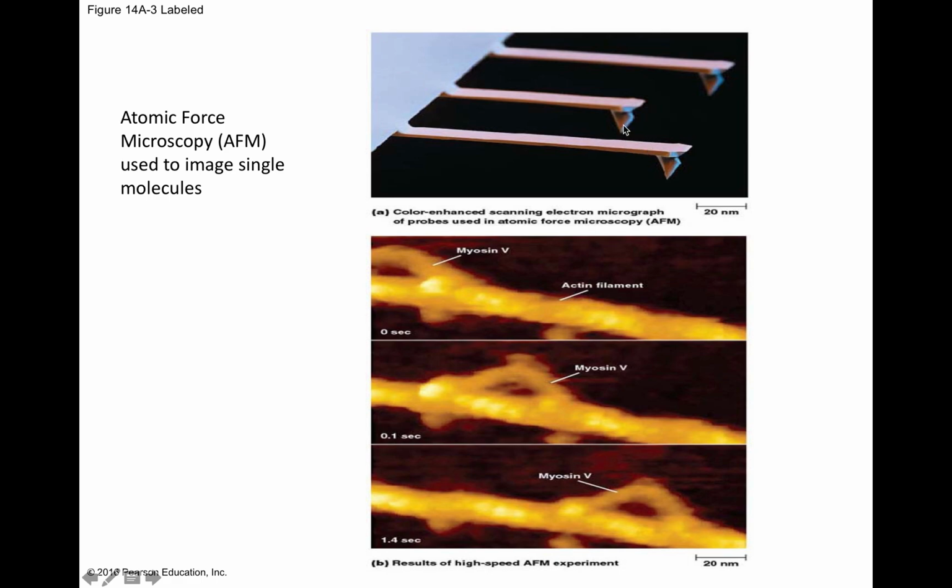As it gets dragged over the surface, the probe gets deflected up or down, and then that deflection is recorded and drawn on a computer screen so you can get an idea of the shape of things. So here's an actin filament with myosin on it, and AFM pictures of that. We also saw an AFM picture before when we were looking at lipid rafts in a membrane.